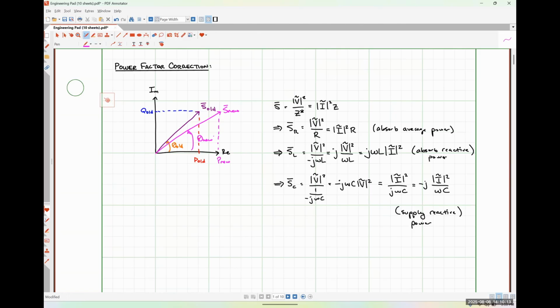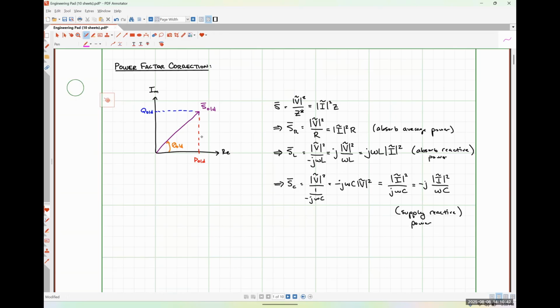Okay. So if adding resistance isn't the right way to do it, then what is? Well, if we add more absorbed reactive power, that's going to make Q larger, which means that we're actually going to be operating at a worse power factor. So instead, we need to figure out some way to make Q smaller.